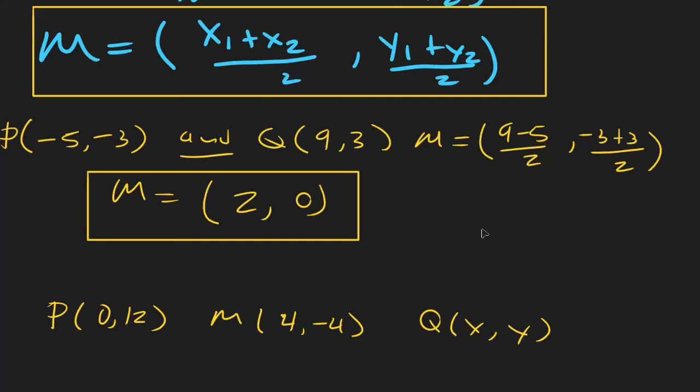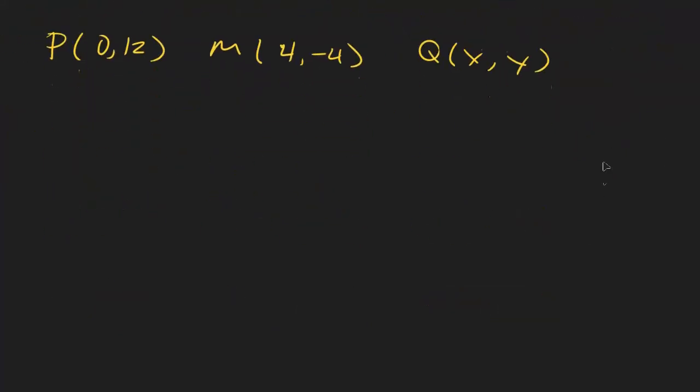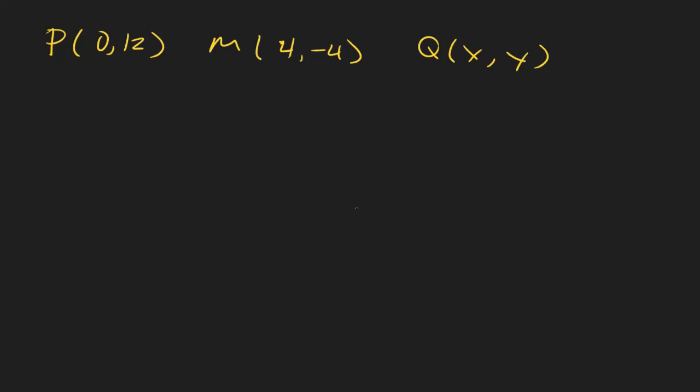So setting this up, how would you do this? Basically we know that 0 plus x divided by 2, comma, 12 plus y divided by 2. And what do we know? This is equal to 4, negative 4.